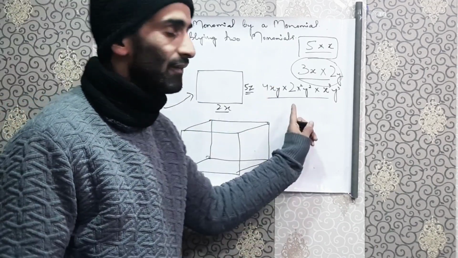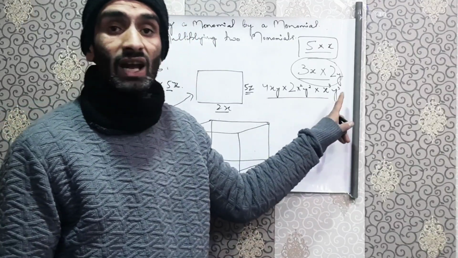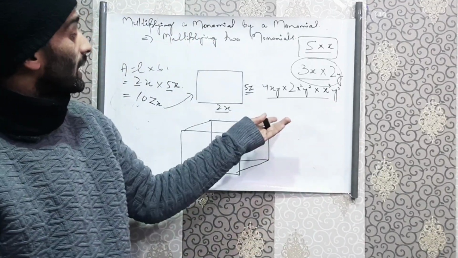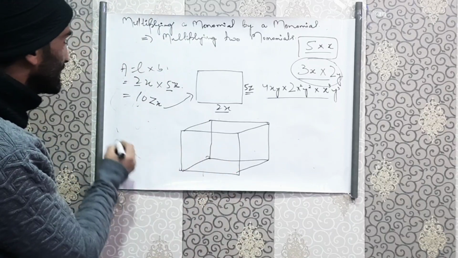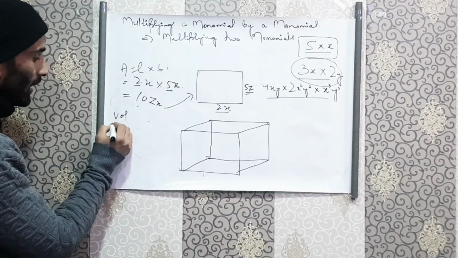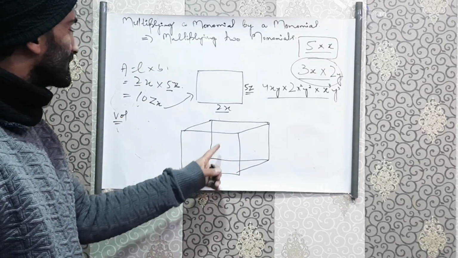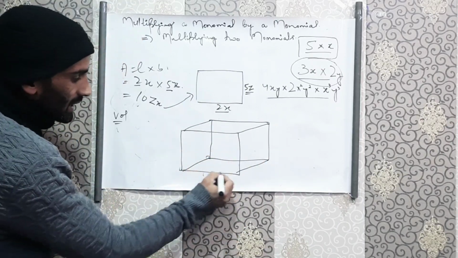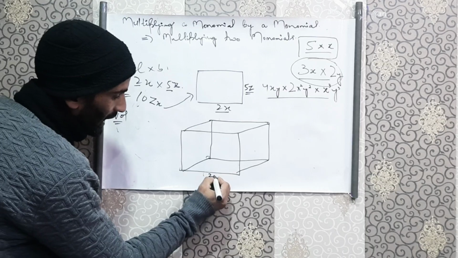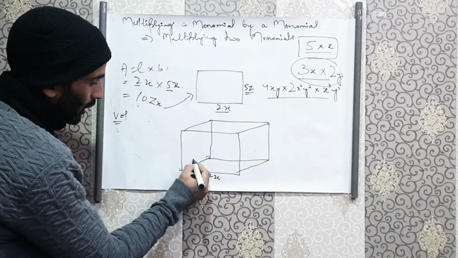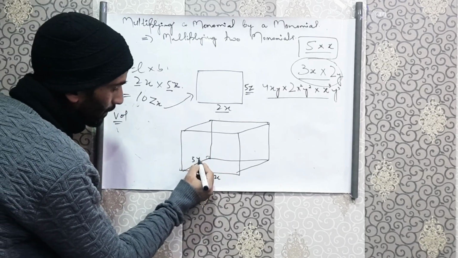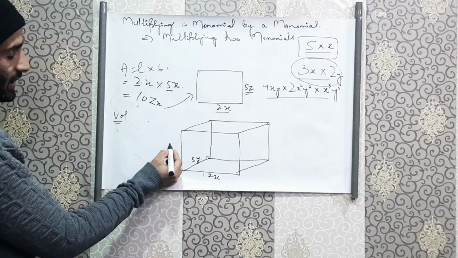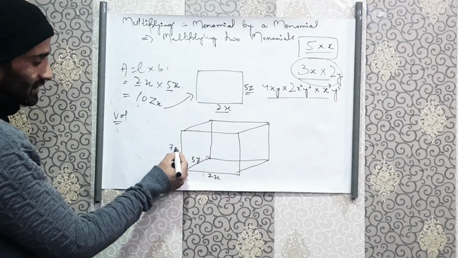And now, where do we multiply 3 monomials together? For example, we have to find the volume of a cuboid. In the same exercise, the dimensions of the cuboid are given. For example, its length is 2x, breadth is 5y, and height is 7z.